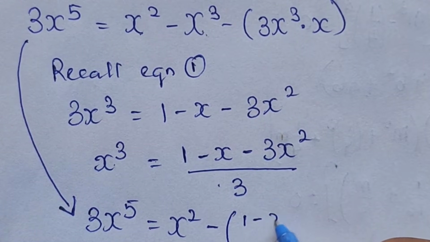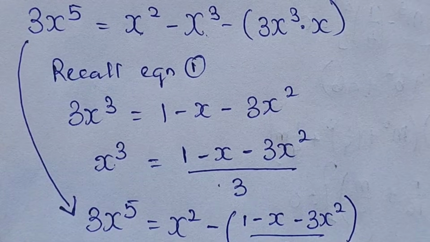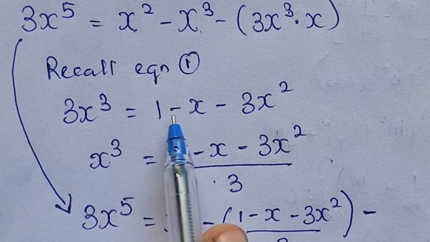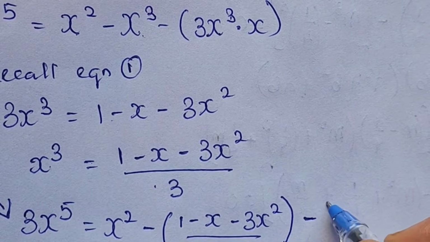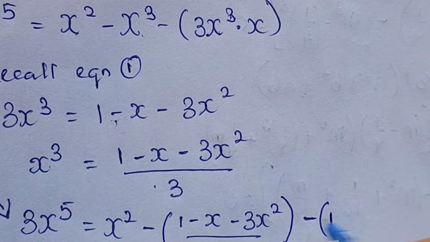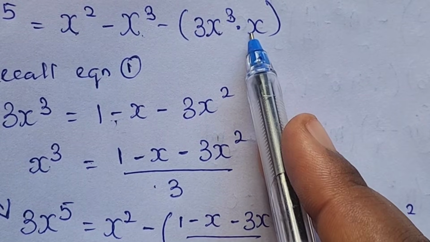We have (1 minus x minus 3x squared) all over 3. We have minus our 3x to the power of 3, which is 1 minus x minus 3x squared, and we have times x.